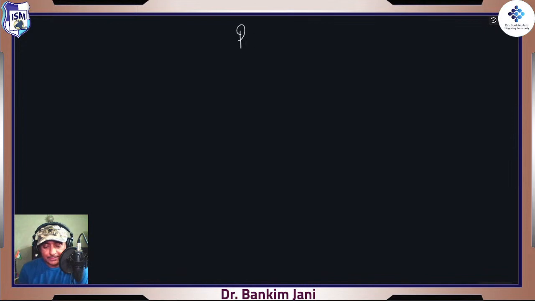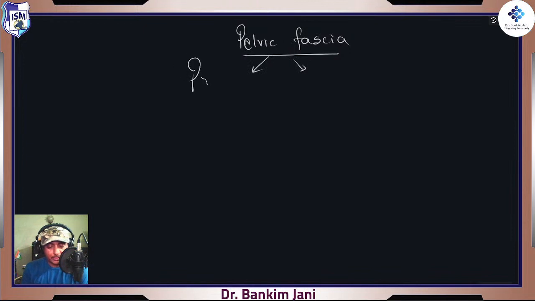That is the pelvic fascia. We divide it into two parts, very easy. One which is parietal, and second that is visceral. The name itself suggests that visceral would be surrounding the pelvic viscera, all the pelvic organs.